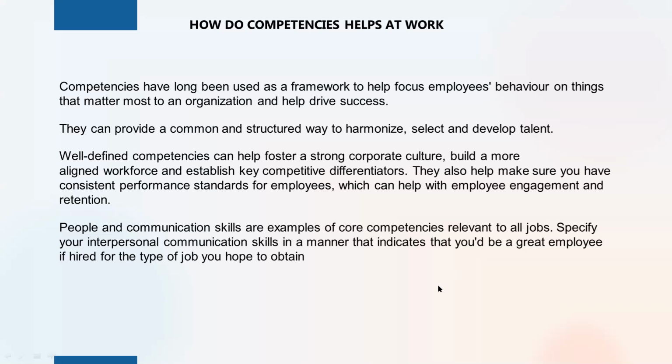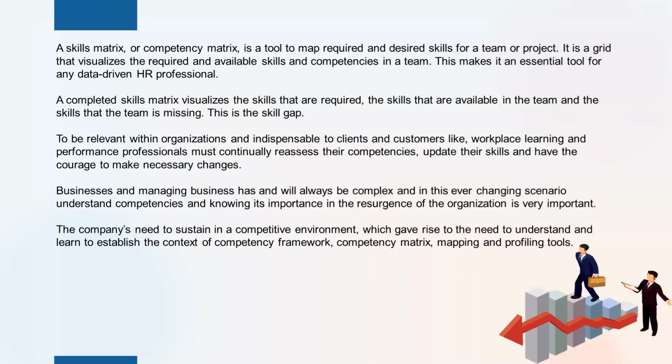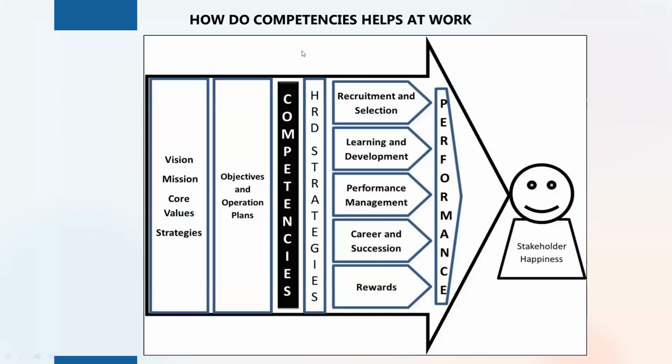People and communication skills are examples of core competencies. So specify your interpersonal communication skills in a manner that indicates that you'd be a great employee if hired for the type of job you hope to obtain. So if you see this diagram, the vision, mission, core values, and strategies of the organization, the objective and the operational plans. Based on this, the competencies are the hard strategies.